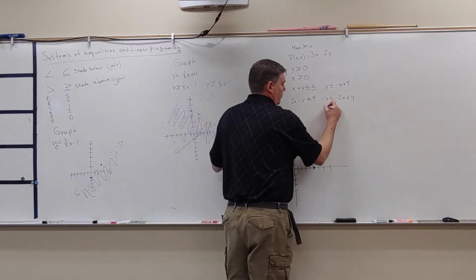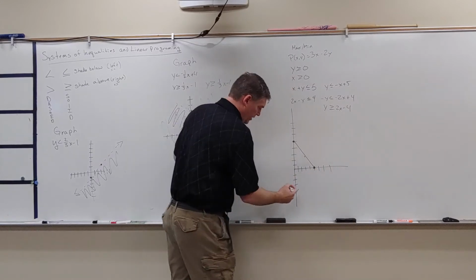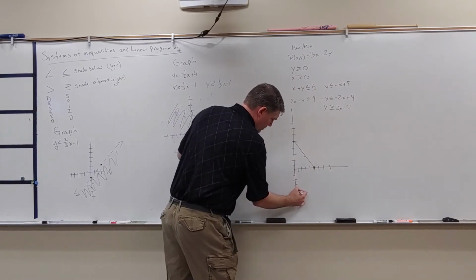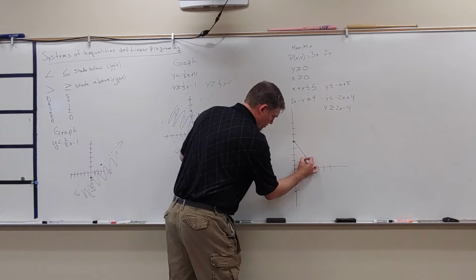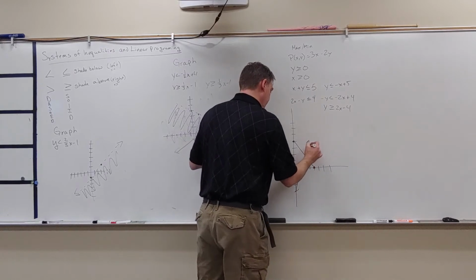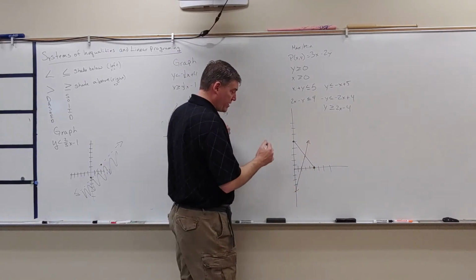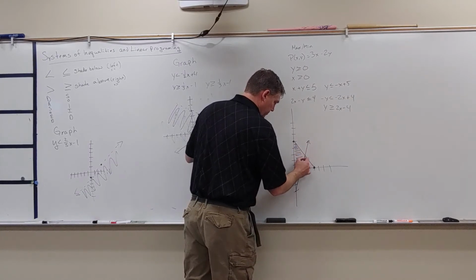Okay, so I'm going to make this y is greater than 2x minus 4. Okay. So I'm coming up through here like this, and I'm greater than, so I'm going to be in this region right here.